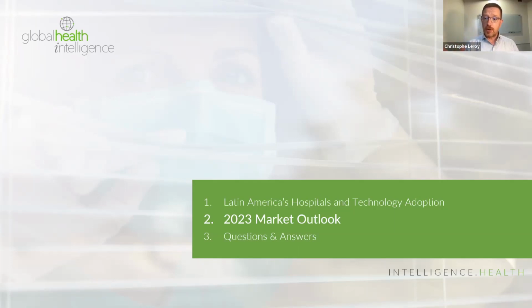Just a note on the countries we showcase. Obviously, the bigger markets are featured prominently in the report, such as Brazil and Mexico. Also Colombia, Argentina. Chile is not a particularly big market, but it's a very important one from an equipment sophistication standpoint, and we present totals for that country as well.